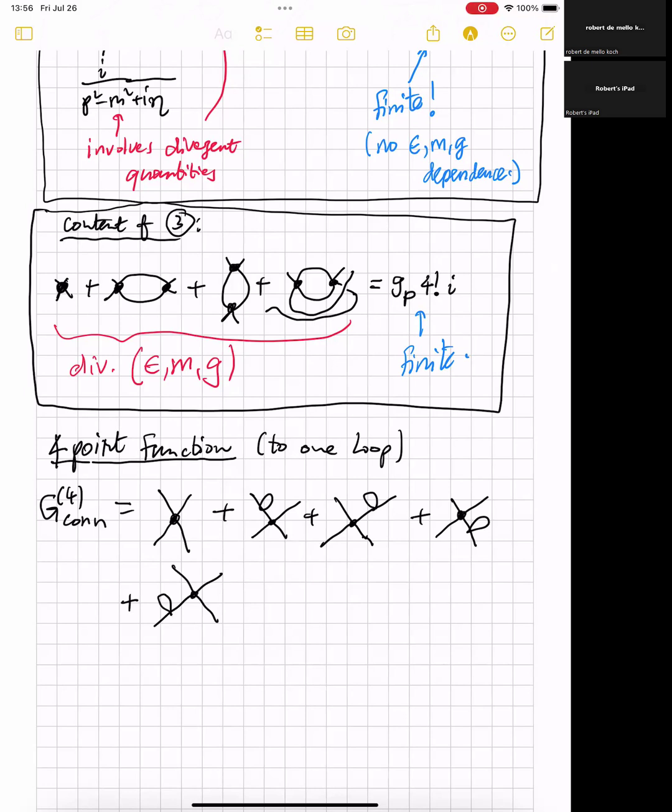So each of the external legs has been dressed by a loop. And then we've also got the loops of this form. Good. And there's one more diagram. And this is the one where the legs really do a bit of twisting. That goes up to there. And this one comes back here.